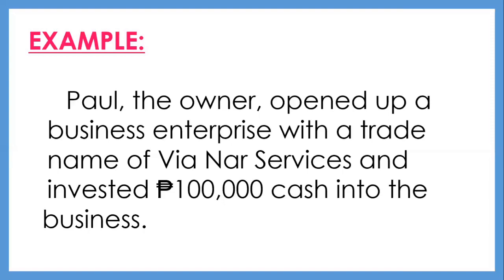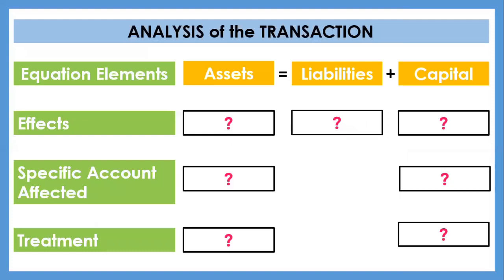Now, in analyzing our transaction, there are actually 3 ways to do it. First, we need to determine the accounts involved in the given accounting problem. Second, we need to determine the effects of each account towards our assets, liabilities, and capital.